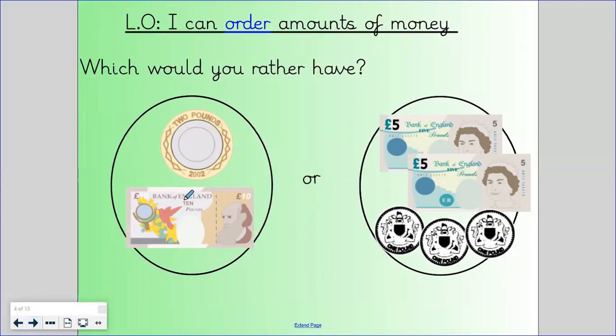However, this circle here we have, it's not even a circle, I do apologise, this oval here, we have a £10 note and a £2 coin, that makes £12. And in this circle here, we've got 5, 10, 11, 12, 13. We've got £13 over here. So I hope you all chose to have the amount of money on the right, because that is the larger amount of money.